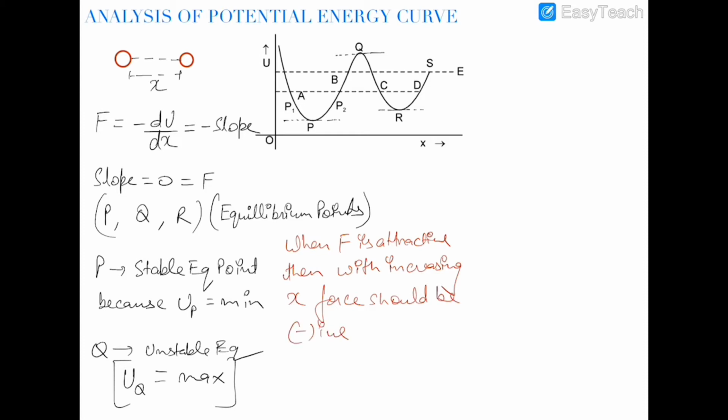This means that if we increase the distance between these two objects, the force is negative, and negative force means this force is opposing the increase of the distance and trying to bring them back to their original position. So to identify the attractive force, we need a region where the force is negative along with x increasing.